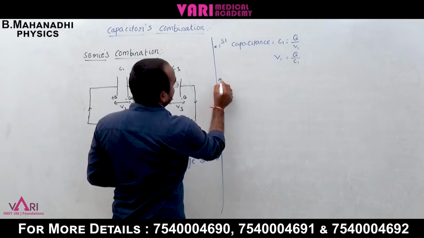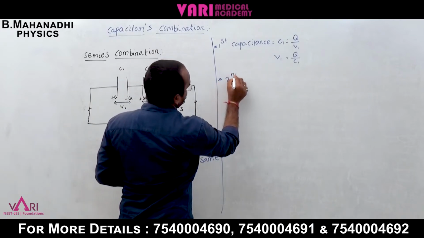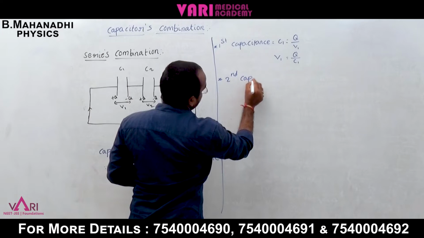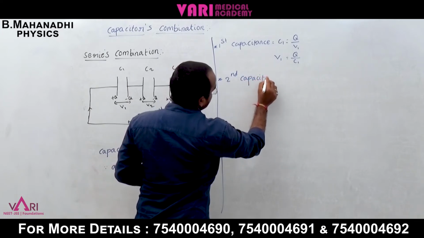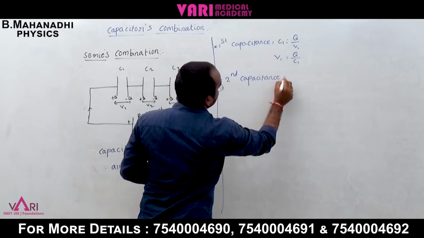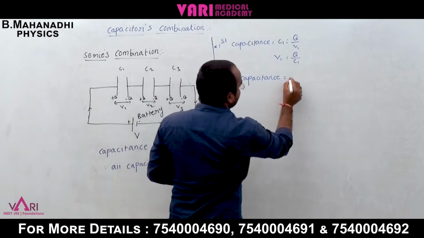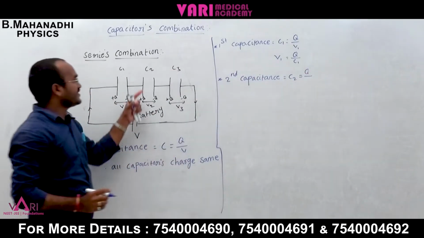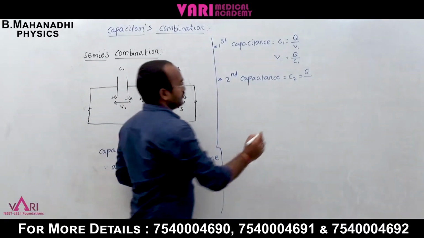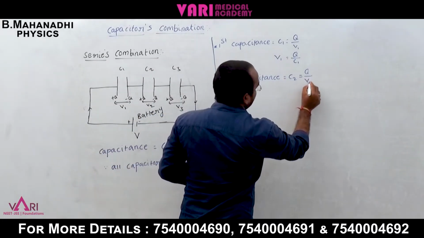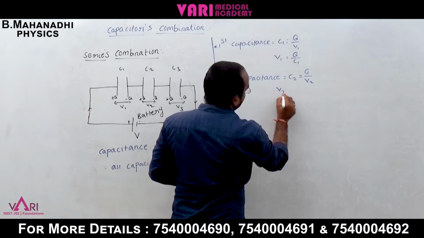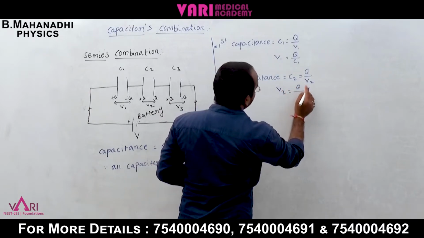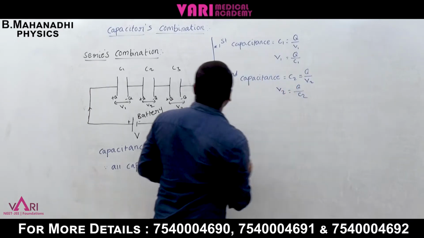Second capacitor: C2 is equal to the charge Q by the potential of the second capacitor V2. So V2 is equal to Q by C2.